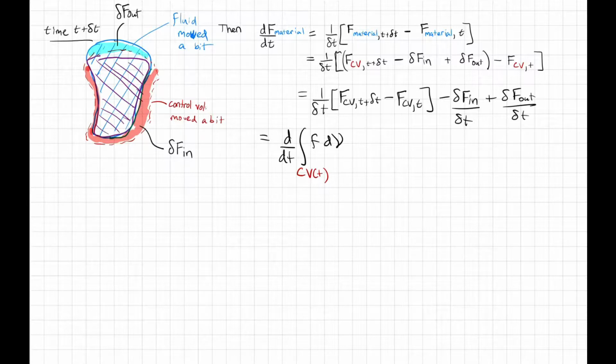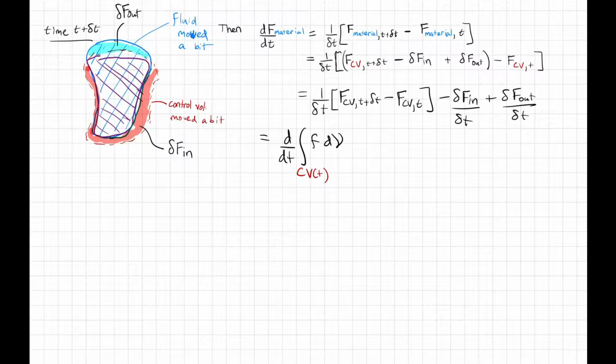The term that has to do with the rate of change of things flowing in through the boundary per unit time, you imagine that the value of f is fixed on, let's say, the outer surface of the red hashed line, and what I care about is the rate at which new volume flowed into and across my control volume. Well, we've seen before that the volumetric flow rate across an interface is just v dot n dA.